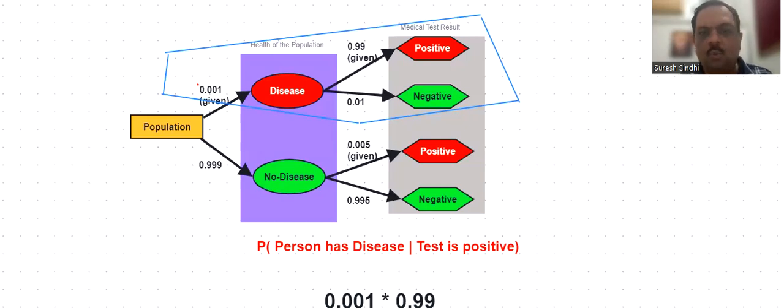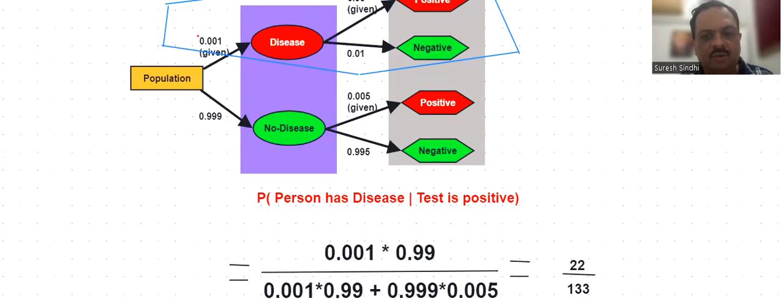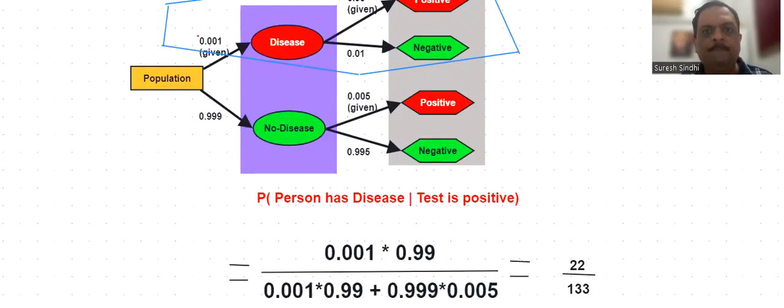It is 0.001 into 0.99 plus 0.999 into 0.005. You can see here, which is 22 by 130. I hope you have understood this example, and it's a very easy way to solve such kind of examples.